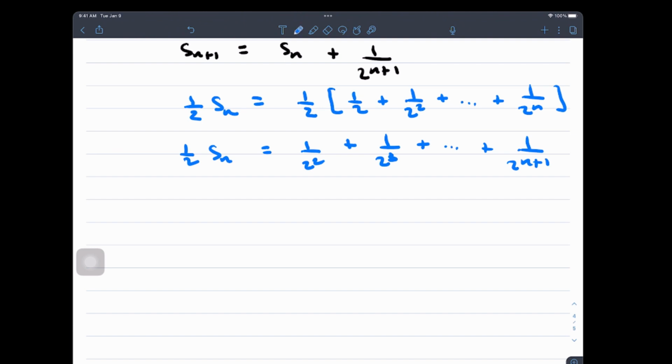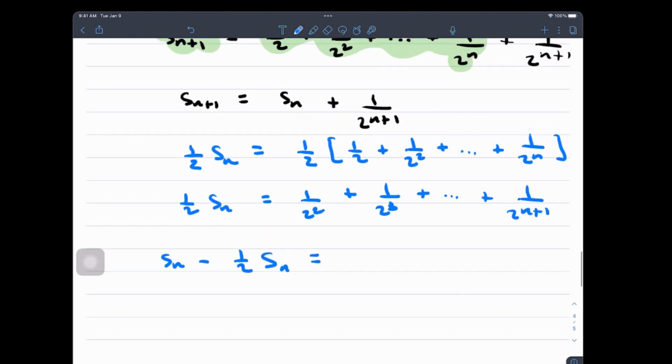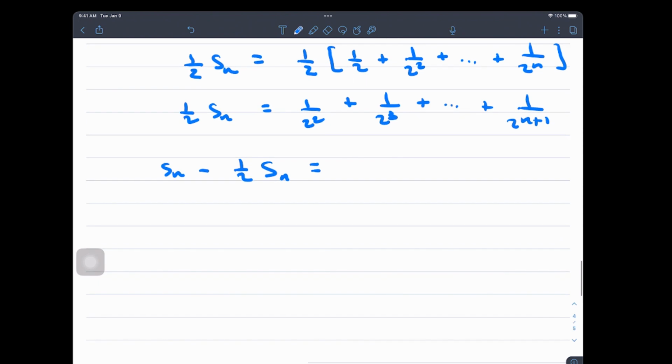We're going to take the difference now. We're going to take Sn minus 1/2 Sn. Okay, so Sn minus 1/2 Sn.